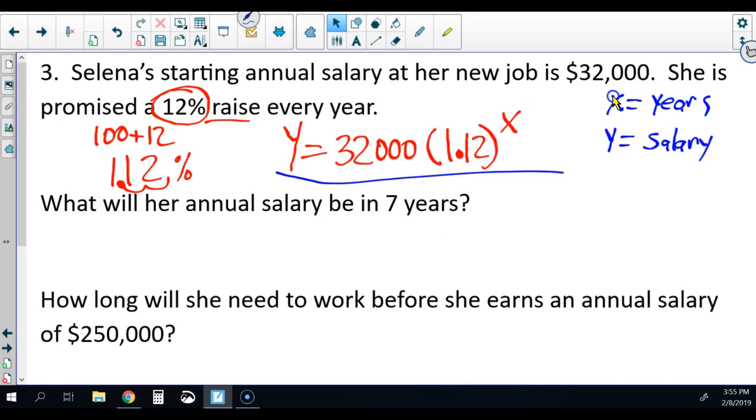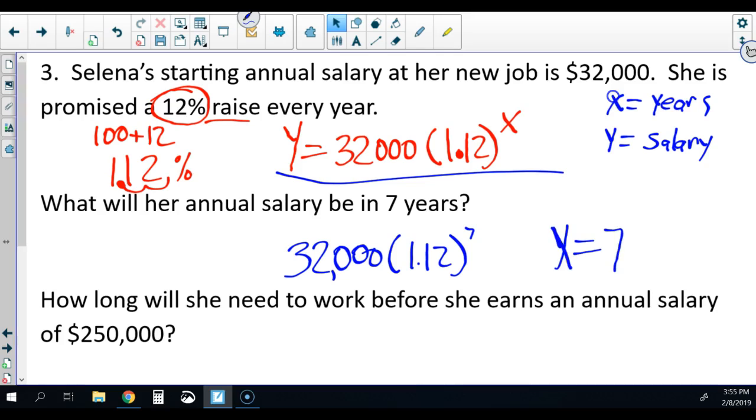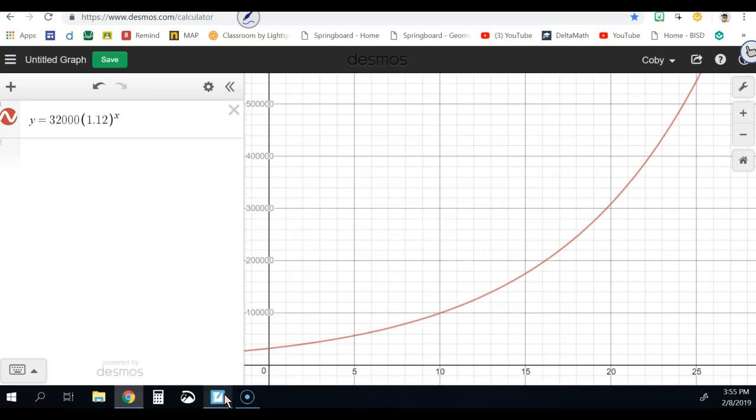I can either plug in 7 for my x and calculate 32,000 times 1.12 to the power of 7, or I can graph x equals 7 on Desmos, and that should give us a line that intersects our curve. So I'm going to do it that route.